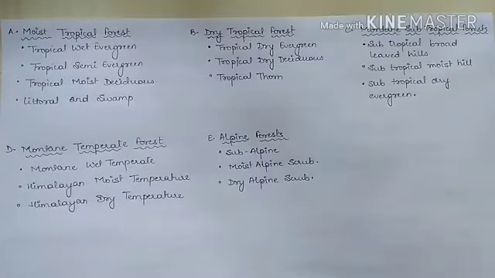The mean annual temperature varies from 24 to 27 degrees Celsius, and relative humidity is 75%. In the previous one, the relative humidity was 77%. It is found in the western coast, Assam, lower slopes of the eastern Himalayas, Odisha, Andaman, etc.